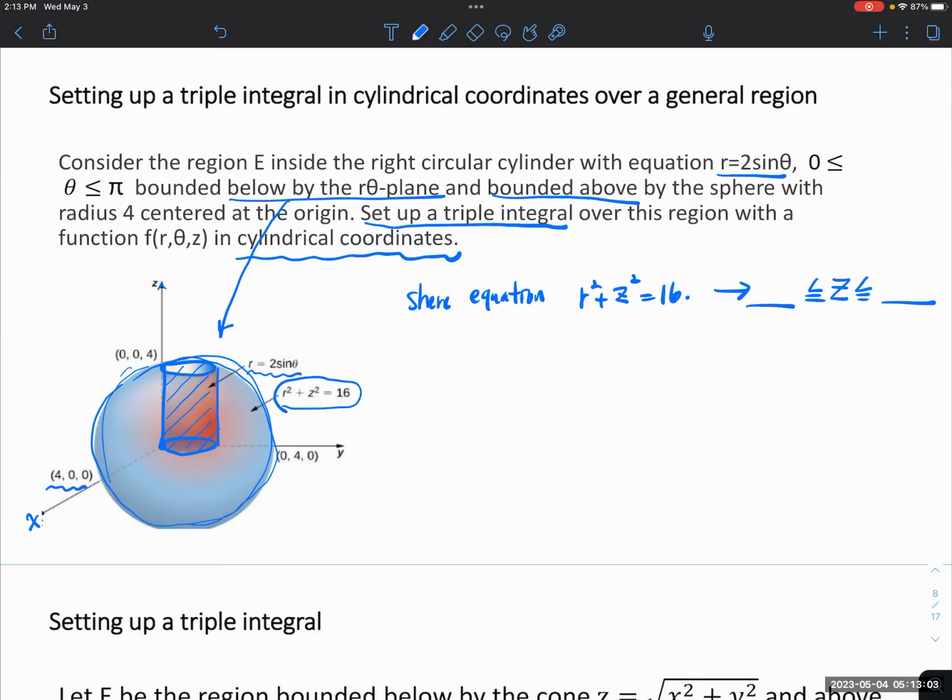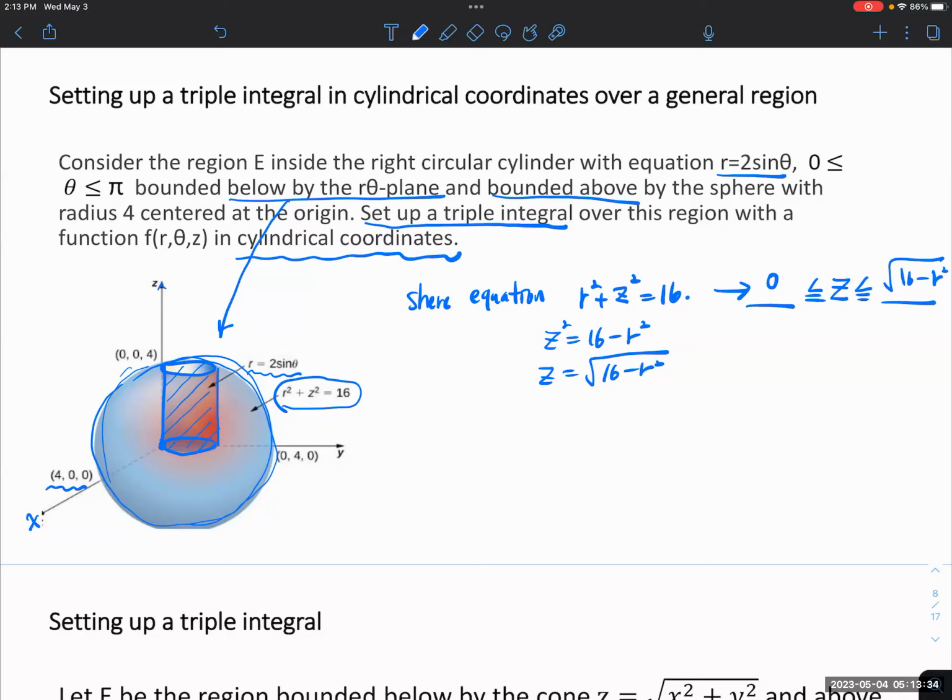Okay, so let me think about it. I'm just going to solve for z, right? So z squared equals 16 minus r squared. And then z equals the square root of 16 minus r squared, because I want to get rid of the square. So this is z from 0 to the square root of 16 minus r squared. What that means is the interval for z is changing, depending on the r variable.